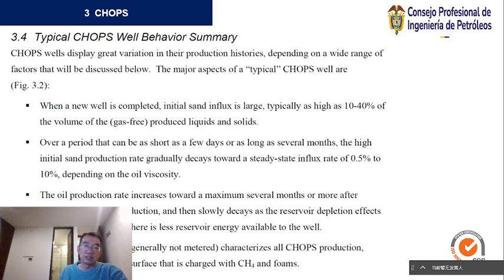The oil production rate increases toward a maximum 7 months or more after placing the well on production, and then slowly declines as reservoir depletion effects begin to dominate and there is less reservoir energy available to the well. Continuous gas influx characterizes all CHOPS production, giving a product at the surface that is charged with CH4 and CO2.